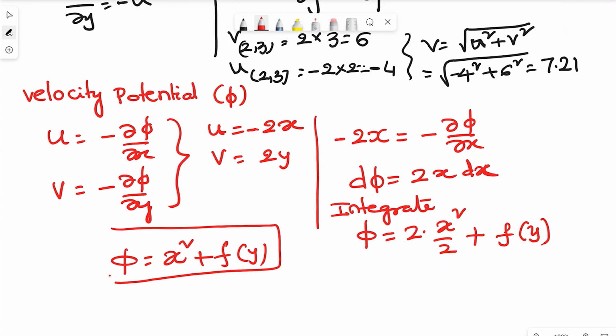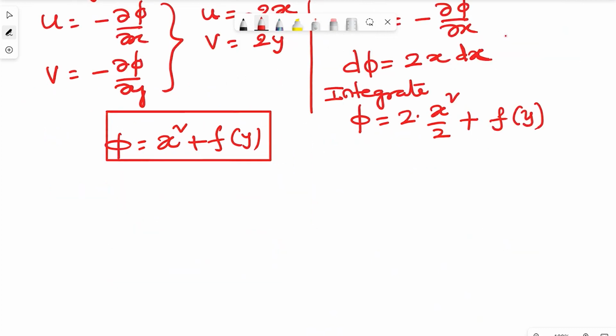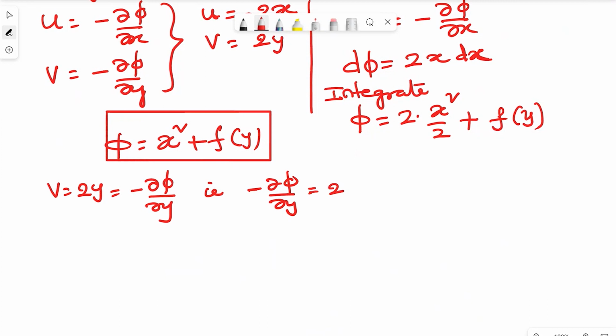Now I will go to the second one. v is equal to 2y, and v is also equal to minus dou phi by dou y. So minus dou phi by dou y is equal to 2y, or dou phi by dou y is equal to minus 2y.